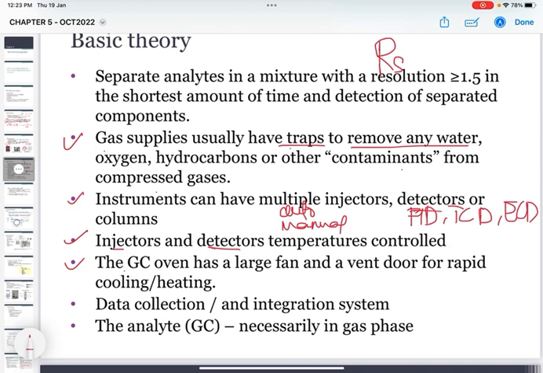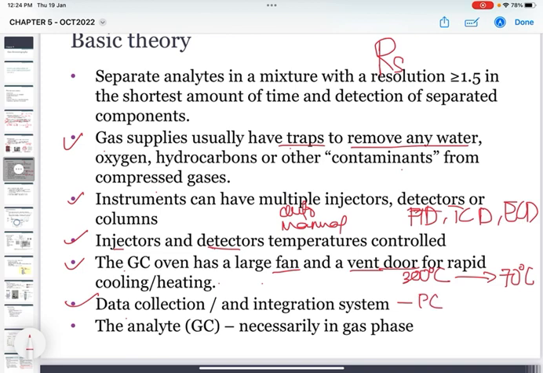Of course, this one is a must, because otherwise, when you increase the temperature to 300 degrees Celsius, waiting for it to come back down to 70 degrees Celsius for the next analysis might take a long time. So with the fan and ventilation door, this process can be done very quickly. So we need to have a data collection and integration system. This is normally a PC.